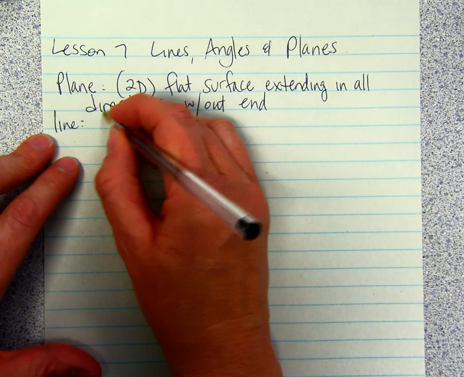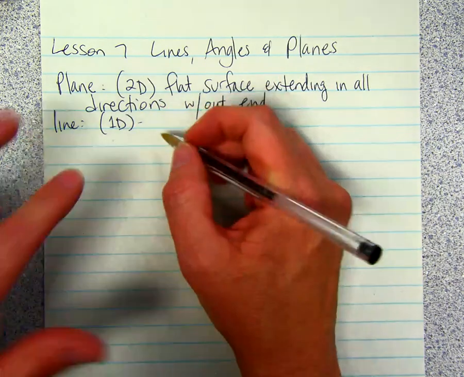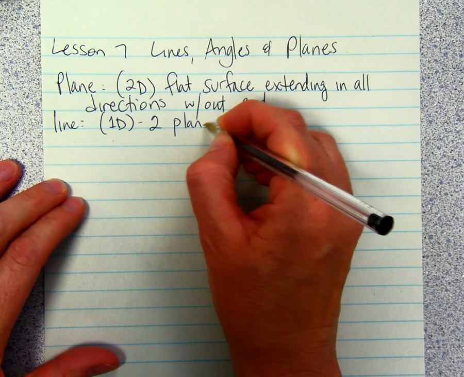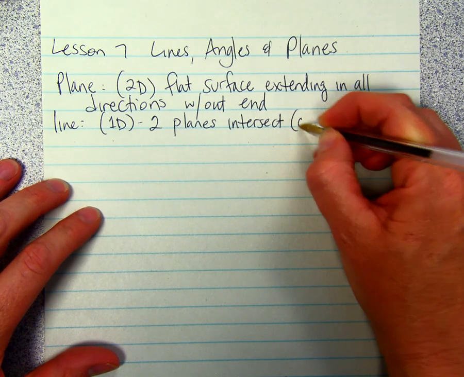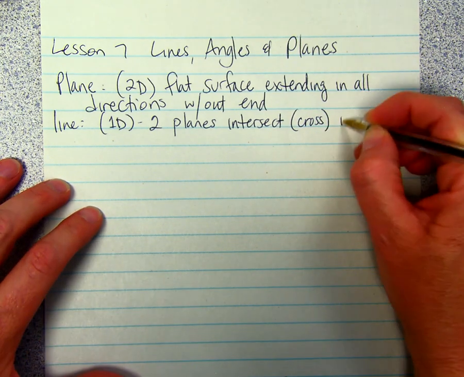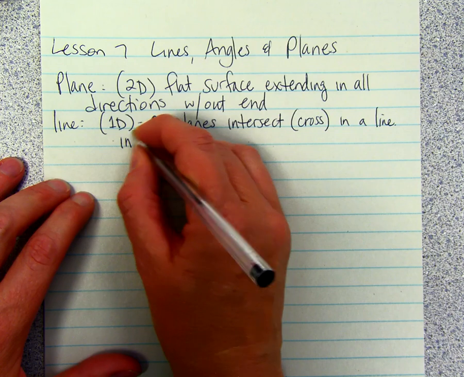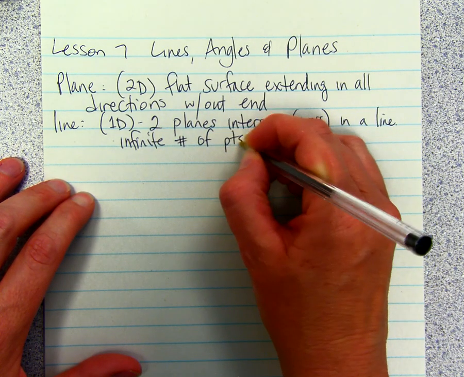A line is actually one-dimensional. It's where two planes intersect, or that just means where they cross in a line. And a line has an infinite number of points.